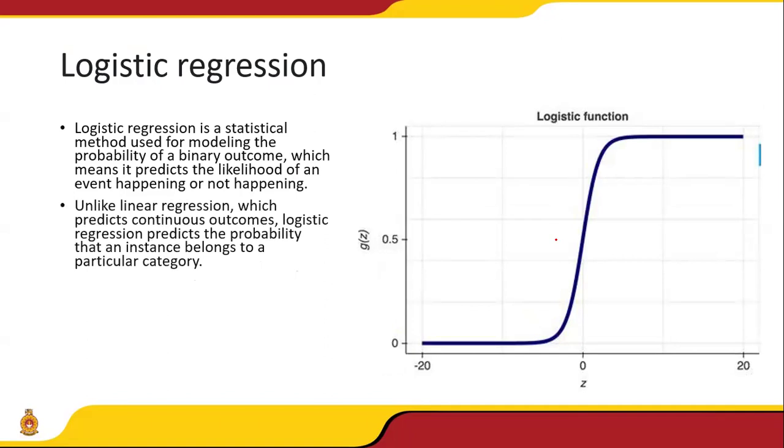Unlike linear regression, which predicts continuous outcomes, logistic regression predicts the probability that an instance belongs to a particular category. I'll give a real world example, then you can understand a bit more. I want to classify into two types. For example, I will post an activity on your post page soon.